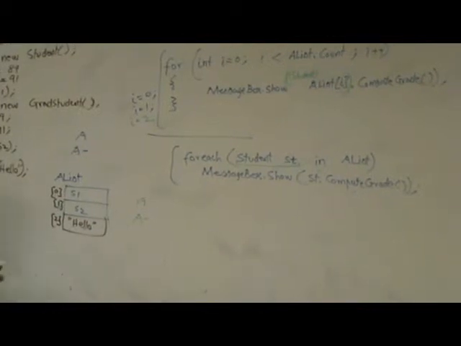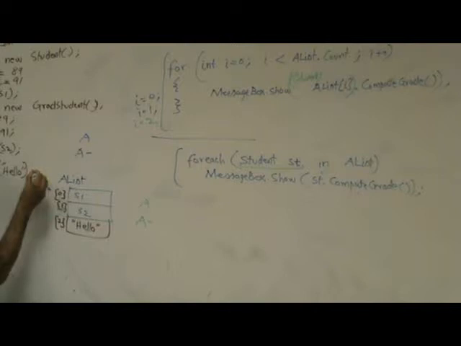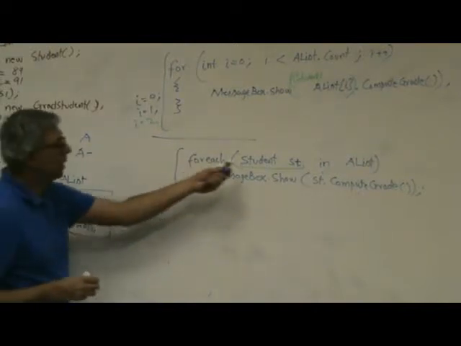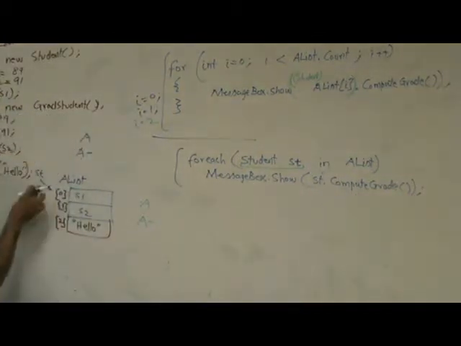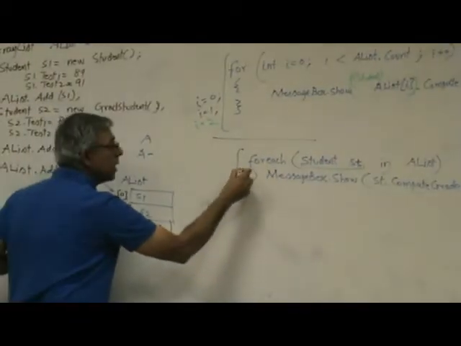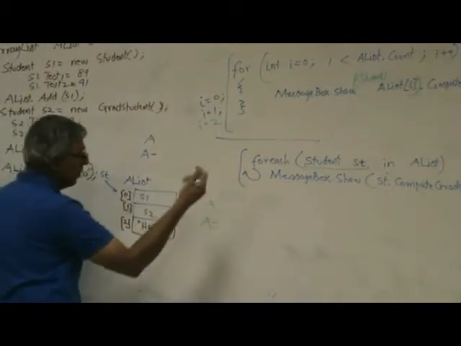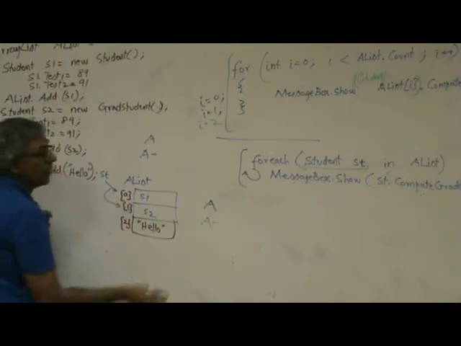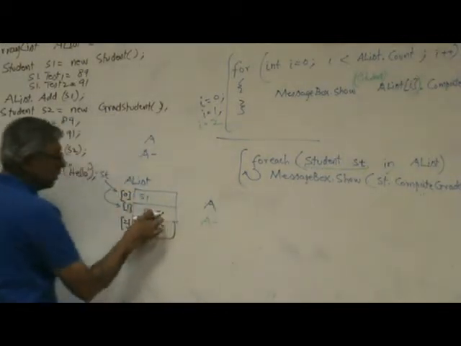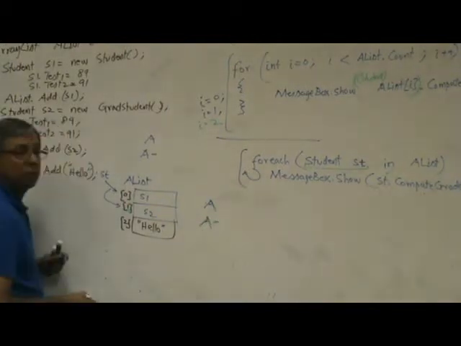Again, very first time through the loop, ST will be pointing over here. For each student, ST in A list. So first time through this loop, it will point to S1. It is a student, so it will print A, no problem. Second time through this loop, ST will point to the second object. It is a student, it will print A minus, no problem.